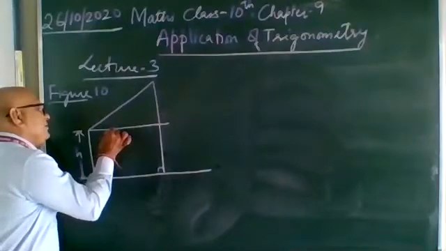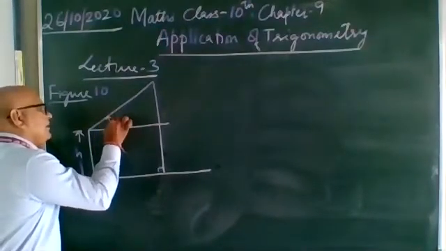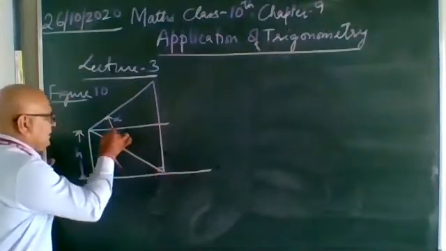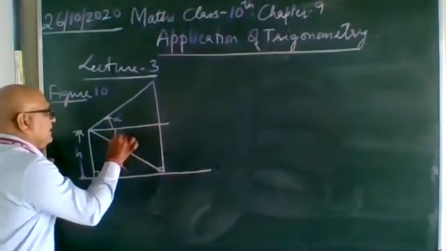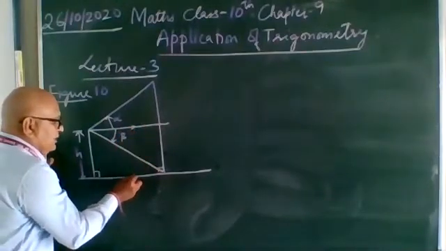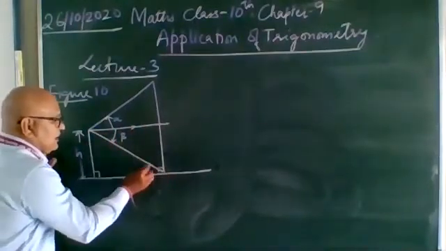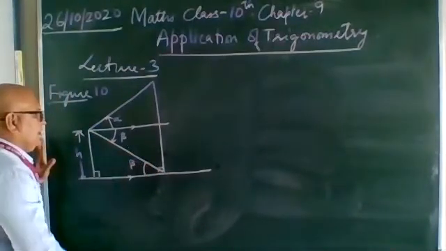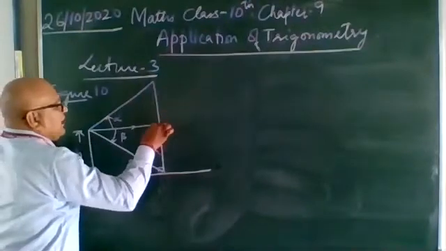This is the elevation alpha. And from here the depression is there. This is the depression, beta. Now beta is there, so this is parallel with this. This is the transversal. So what you will say, sir, this will be the beta. You have to find out the height of this.